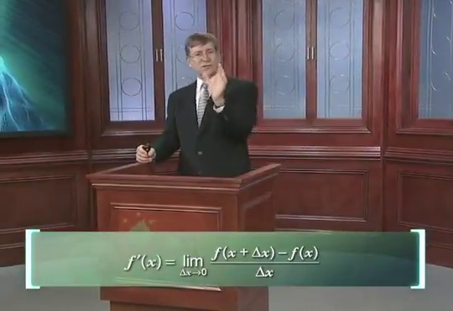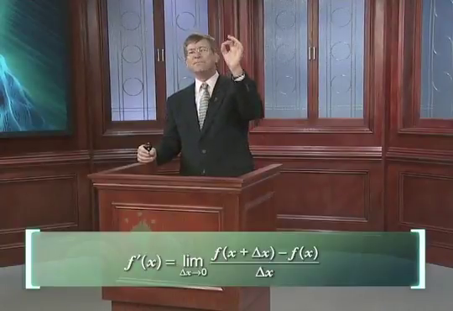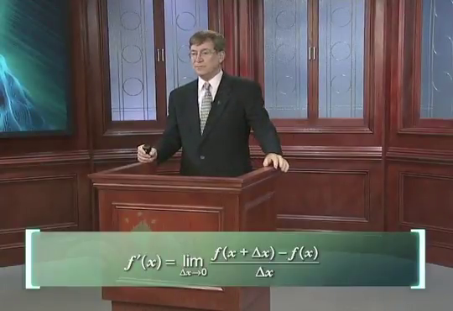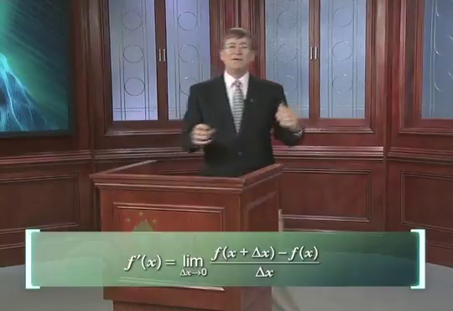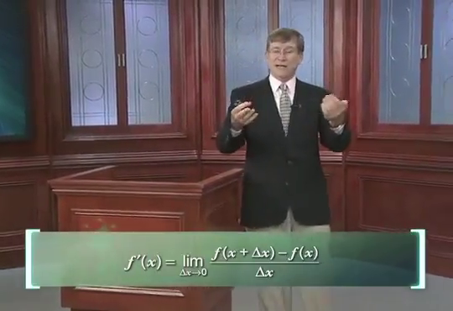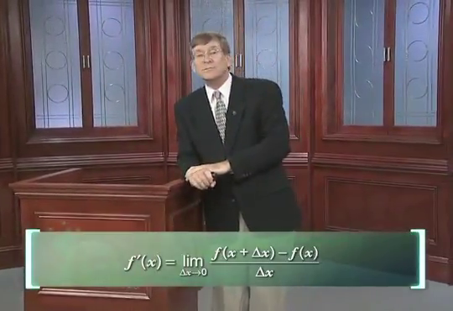So f of x is the function, and then f prime is its derivative. And we say that a function is differentiable at an x if this limit exists. Okay? So our goal in the next few lectures is to learn how to calculate the derivative of a function, and we'll develop some rules in a little while that will make it pretty easy. And then to use this derivative to describe the behavior of graphs.